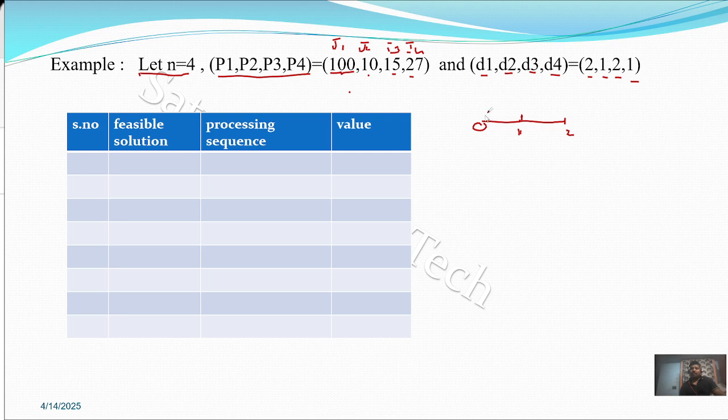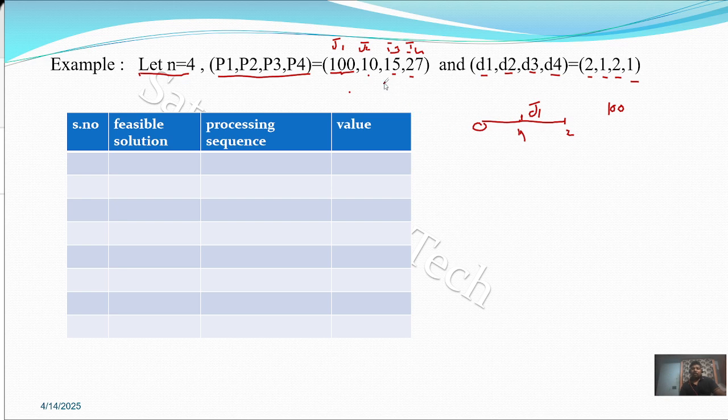For example, I consider job 1 completed in the slot 1 to 2, and you get 100 as the profit.